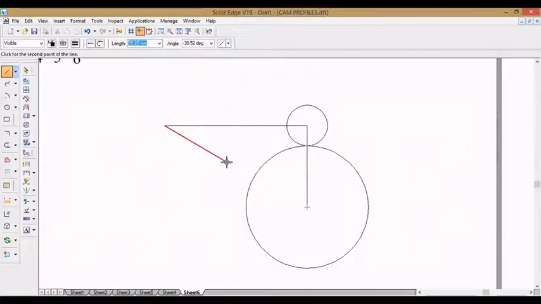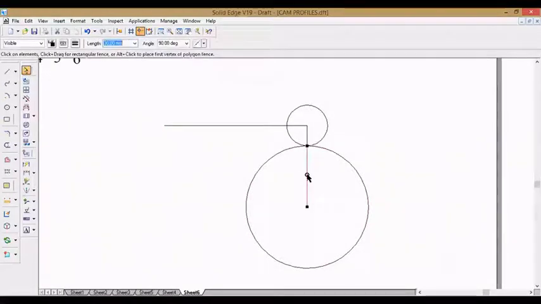And 40 mm above the center is already done, because this is 30 mm and this is 10 mm. 30 plus 10, 40. We have already taken the 40 mm above the center. This line is 70 mm.